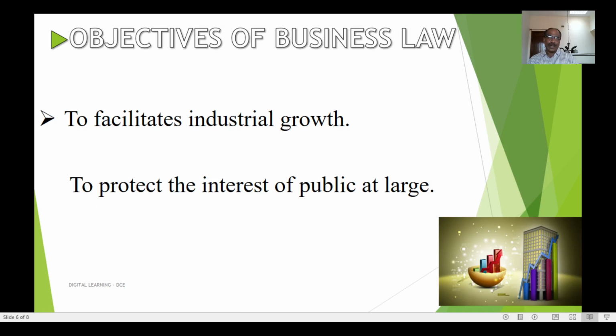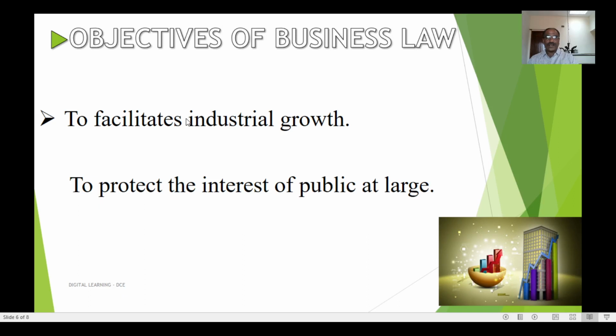And if there is employment generation, we can easily observe income generation, and more and more income generation is a good sign for the economic development of the country and of the people.